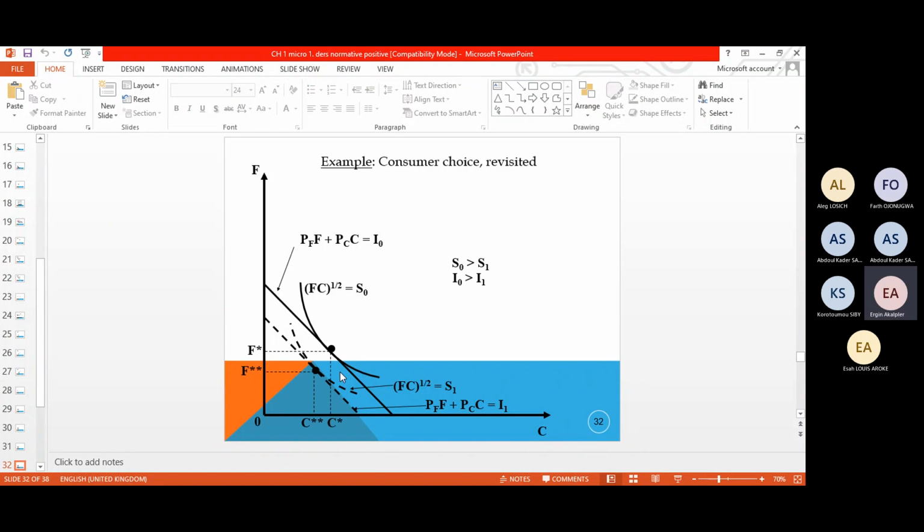And from this point of view, we understand S0 is more than S1 and I0 is more than I1 in a given scenario.